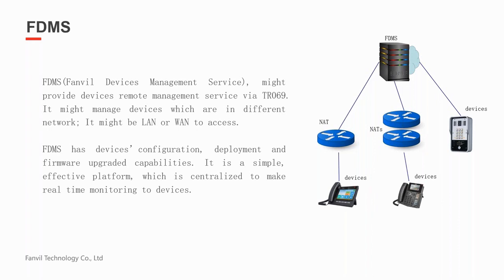With this protocol and server, we can deploy and manage devices via the network remotely. It might be in a LAN network and also in a WAN network, to make sure we can access and manage them remotely and automatically.